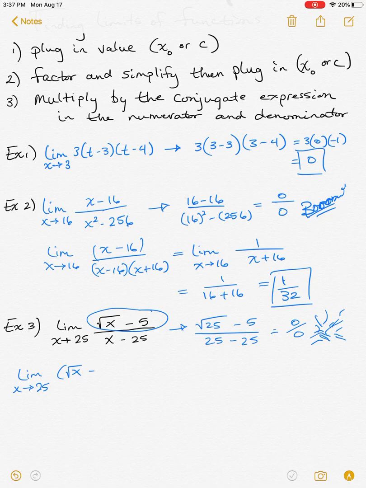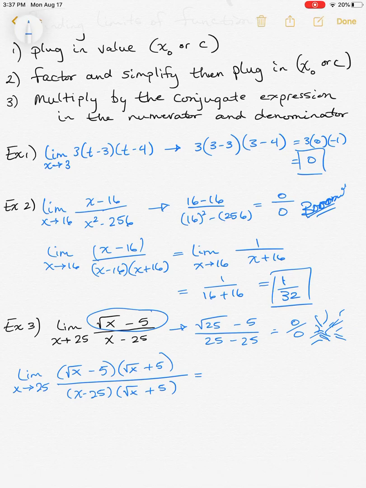So I have square root of x minus 5, and the conjugate, change the sign. Everything's the same except the sign that separates the terms, over x minus 25 times the square root of x plus 5. So we did the same thing for numerator and denominator.